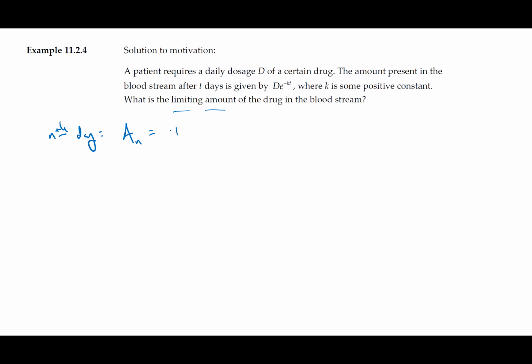So you're going to have your daily dose, and then you've got the day before, which has been reduced by a factor of e to the negative k. 2 days before, e to the negative 2k, all the way down, e to the negative n minus 1 k, okay?